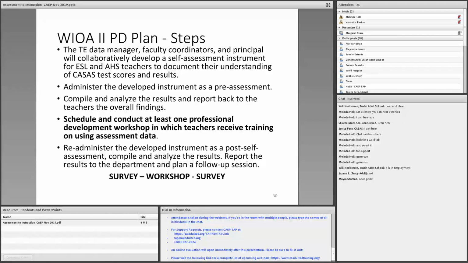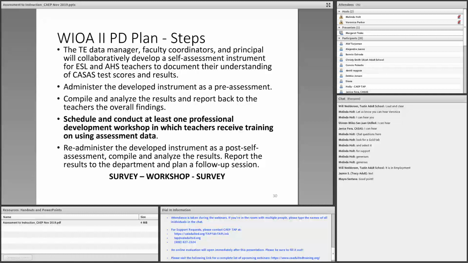Okay, so what were the steps that they took? They decided to have a group meeting with the data manager, faculty coordinators, and principal. They collaboratively developed a self-assessment instrument for their teachers. They administered that as a pre-assessment.